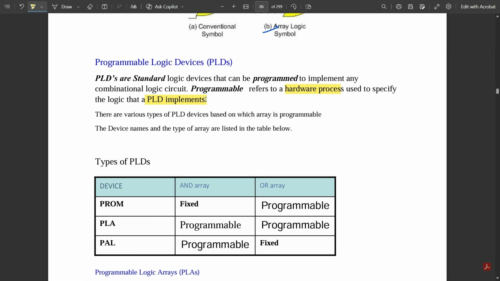The fixed and programmable parts determine the differences between these logic devices and how the arrays are to be used, whether the AND array or the OR array is to be used. With respect to that, there are various types of PLD devices based on which array is programmable. The device names and the type of array are listed in this table.